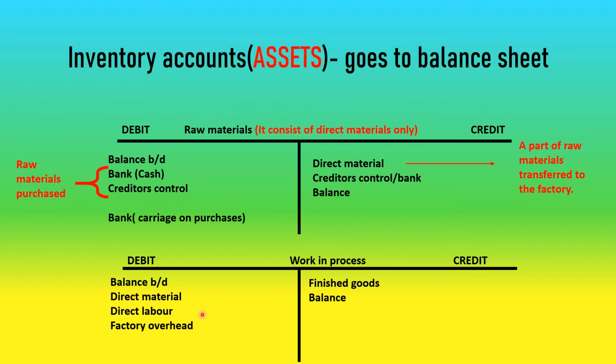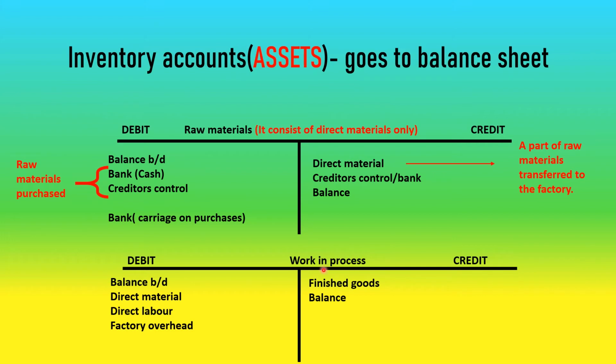Now the moment we are done making those inventory using these three elements, it's transferred to the finished goods. It's recorded, and that's why we have it on the credit side, because now we're removing it from our factory and transferring it to the shop because it's now ready to be sold to the consumers.